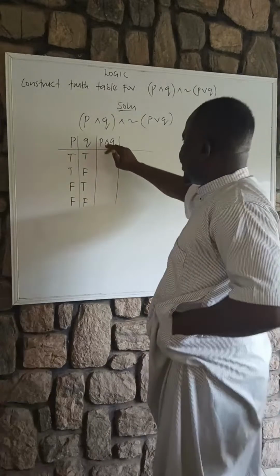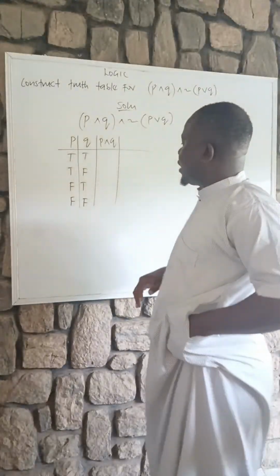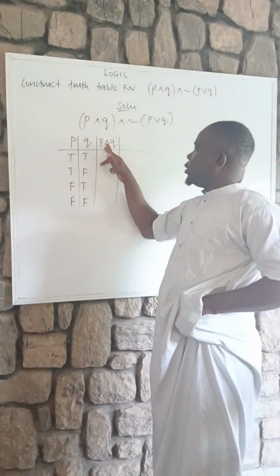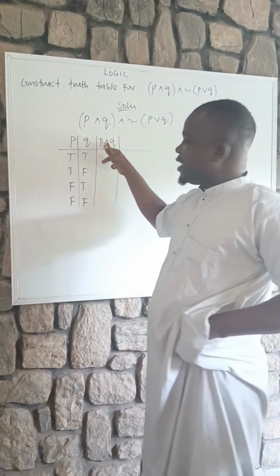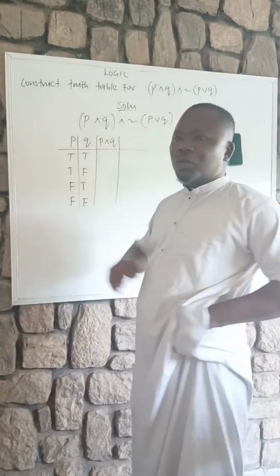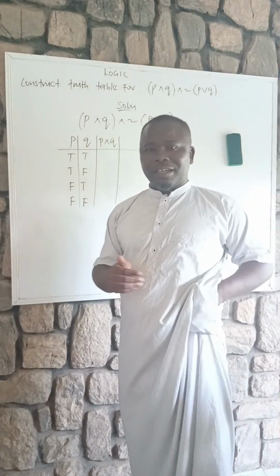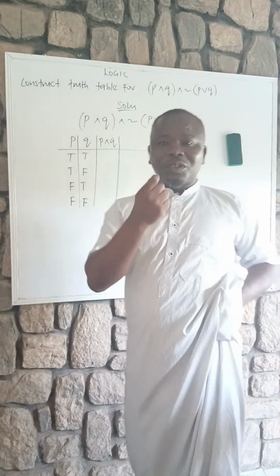Let's look at it together. Look at it. You know, this small thing that you are saying, there is a rule guiding it. So you have to take note of the rule.